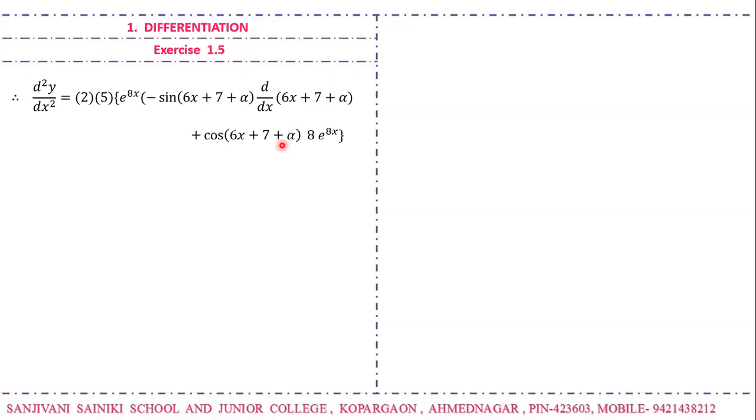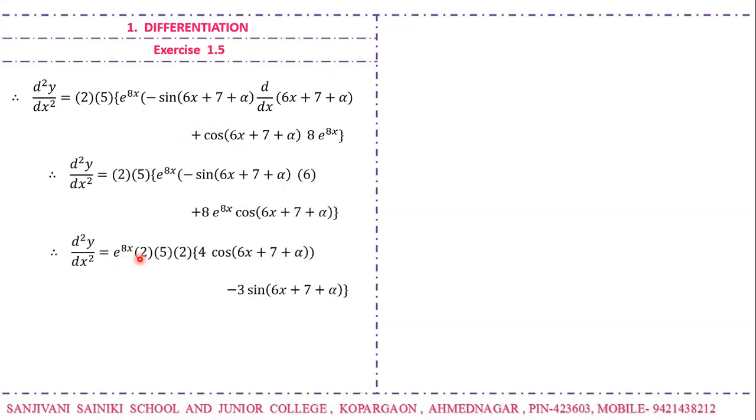So again I will take 2 common, also e raised to 8x common, and this positive term I will write first and this negative term later. So 2 into 5 is 10, and again I will adjust 5 just like previous, so multiply and divide by 5. So here I am getting 2 into 5 is 10 and 2 into 5 is 10, so it becomes 10 square.